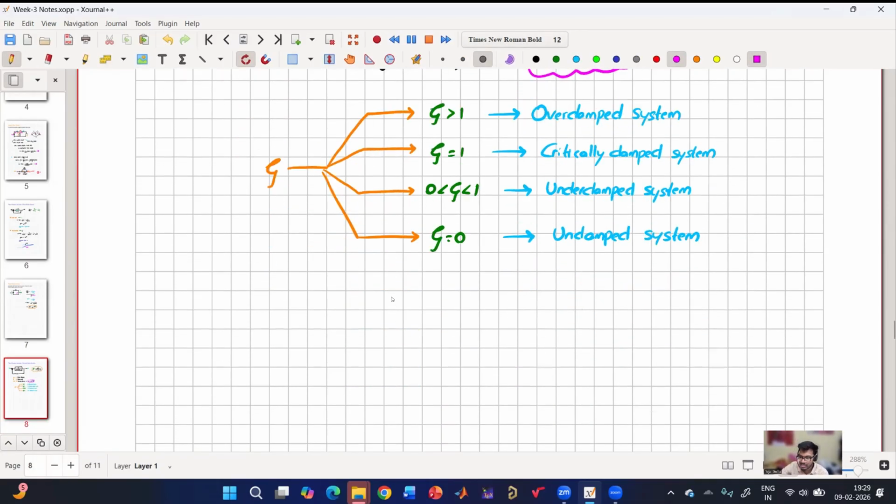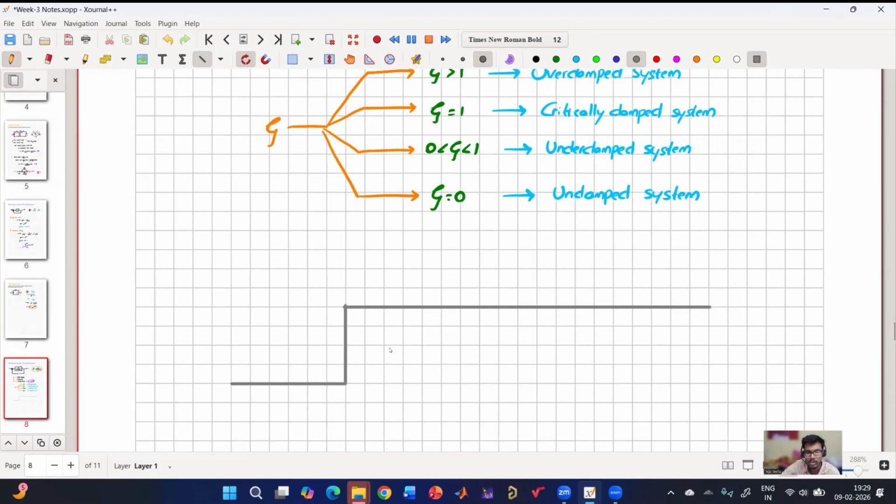Let us see how the step response will look like for each of them. So let me consider gray color, yeah, gray color. So this is my input. I call this u of t.